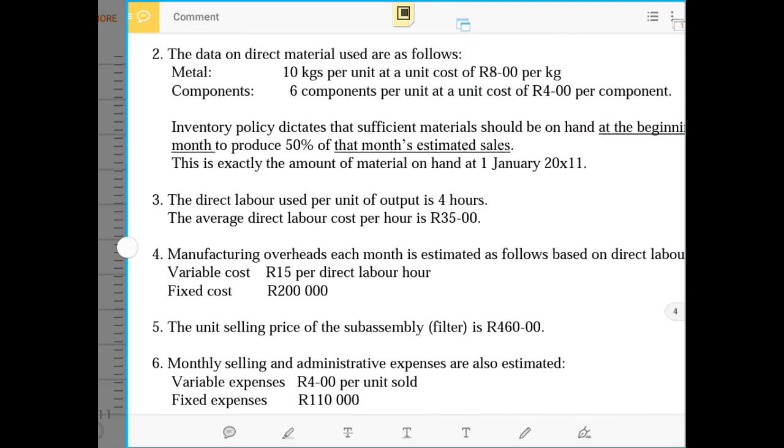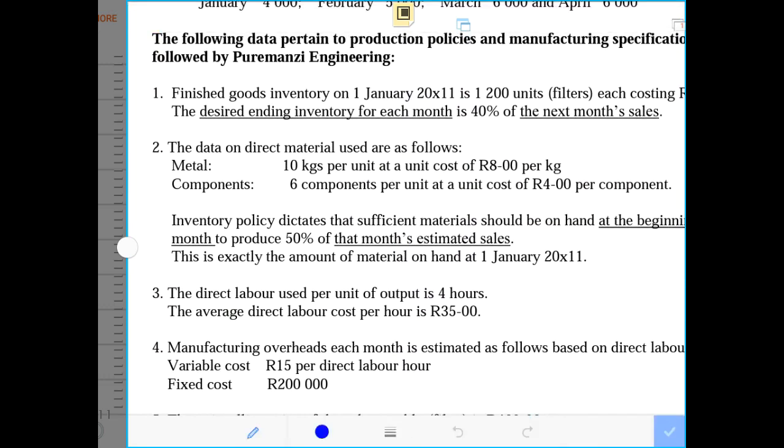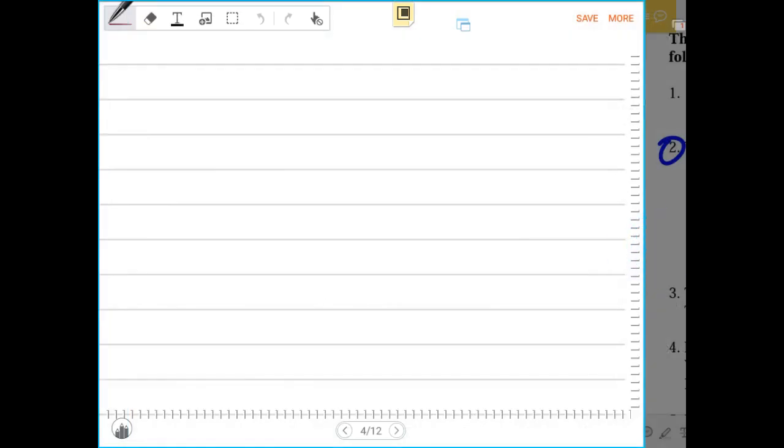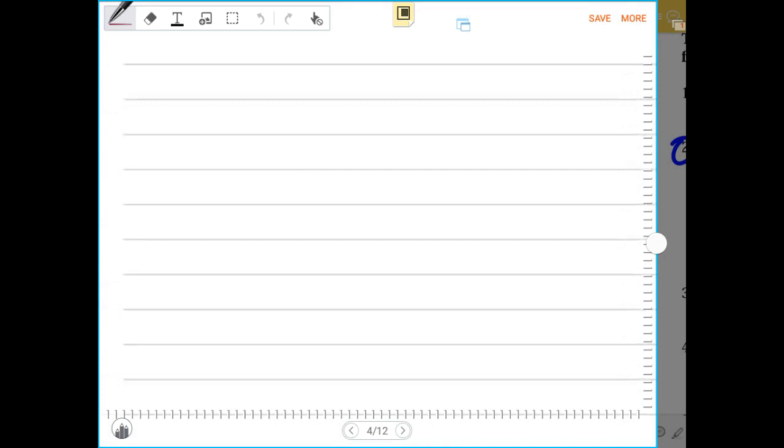And remember, the material purchases budget will be based under number 2. So I will try to do that at the end of this exercise so that we have an understanding of that.